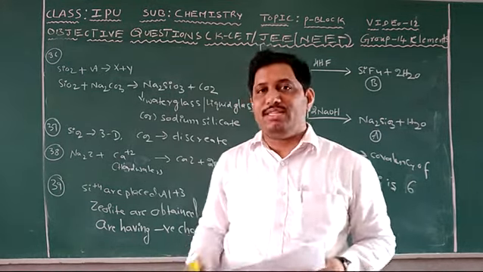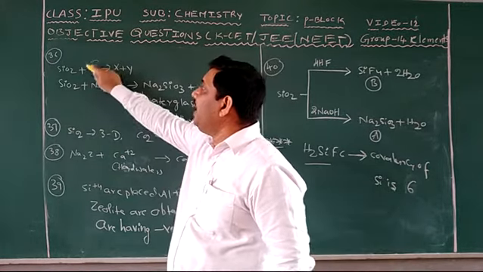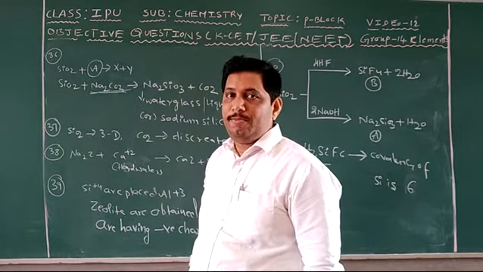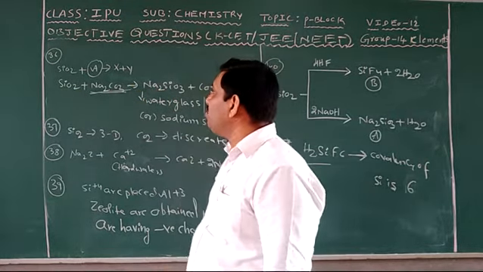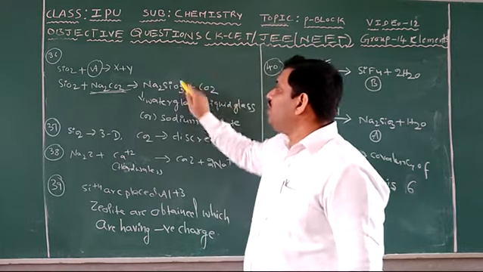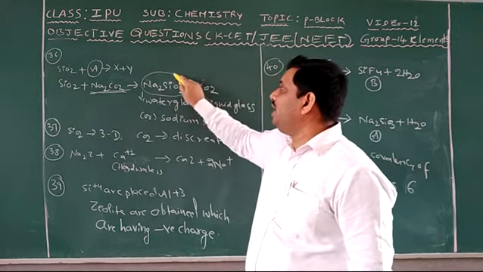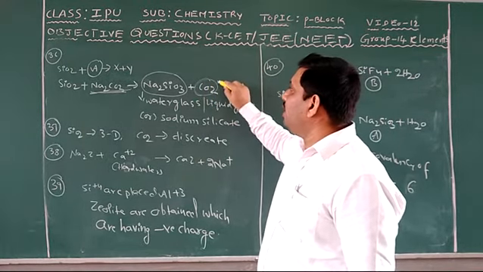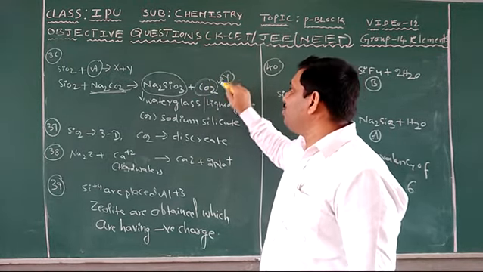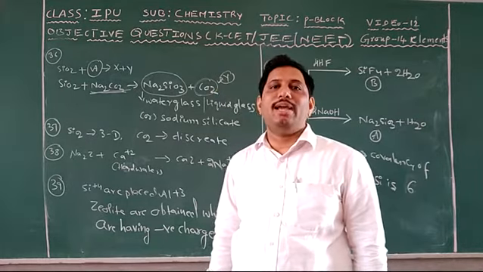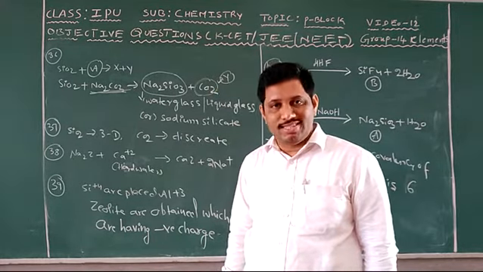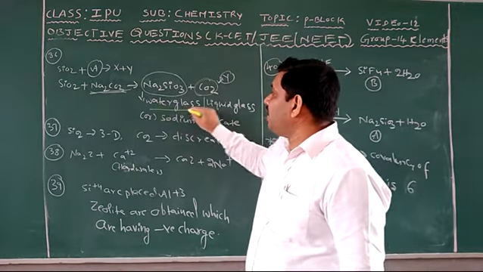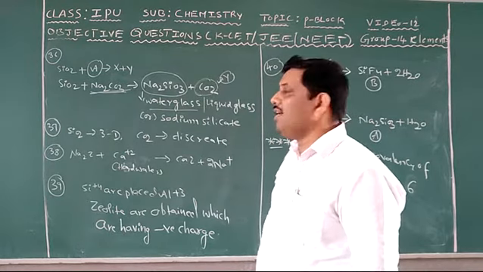Therefore, silica reacts with sodium carbonate to form sodium silicate, Na2SiO3, plus carbon dioxide. Here Y is carbon dioxide, which is a global warming gas or greenhouse effect gas. And this sodium silicate is commercially known as water glass or liquid glass.